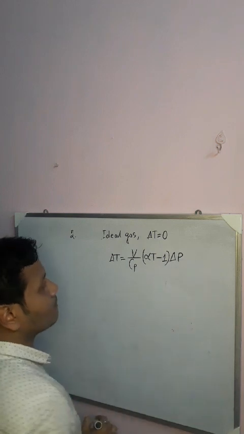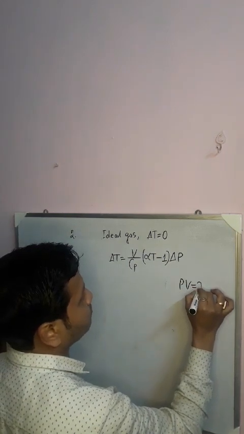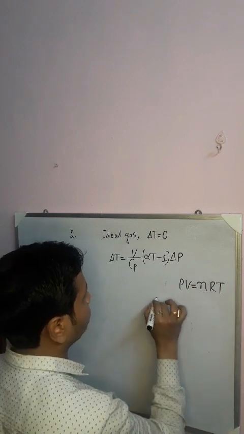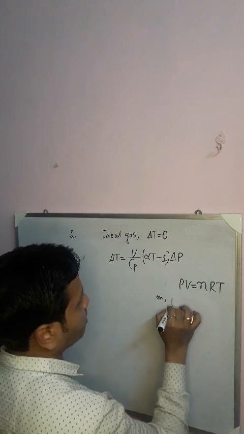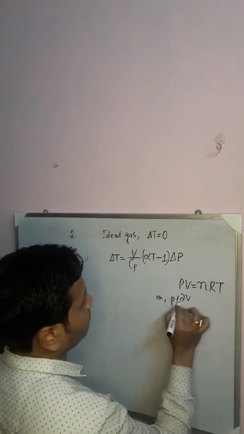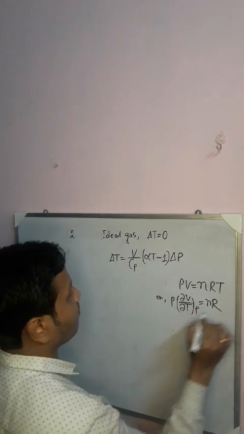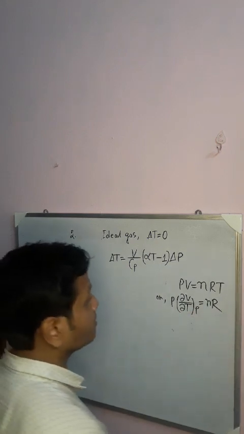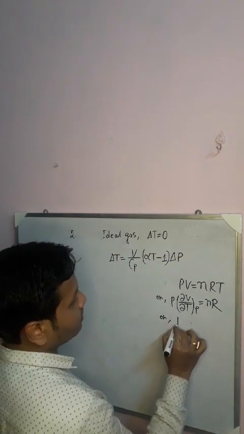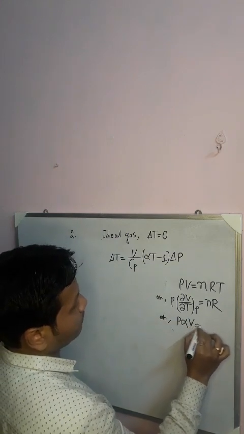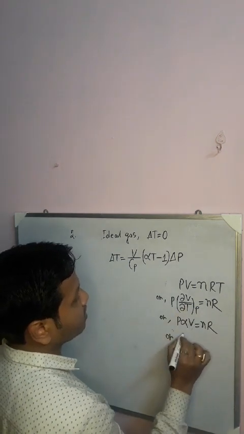Now write down the ideal gas equation for n moles of gas, PV equals nRT. Differentiate this with respect to T keeping P constant. This is simply P del V del T at constant pressure equals nR, or you can write this as alpha into V. Again you substitute nRT instead of PV.